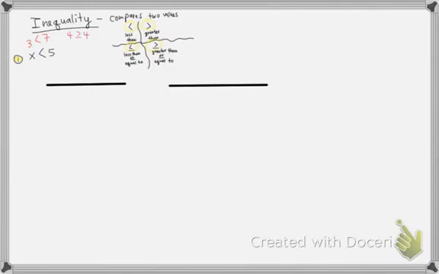All we've done in the past is compare two numbers and say if it is true or false. Is 3 less than 7? Yes. Is 4 greater than or equal to 4? Yes.